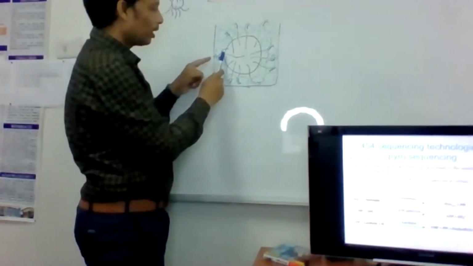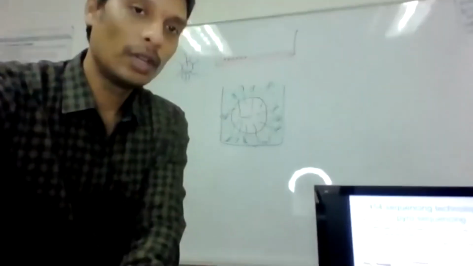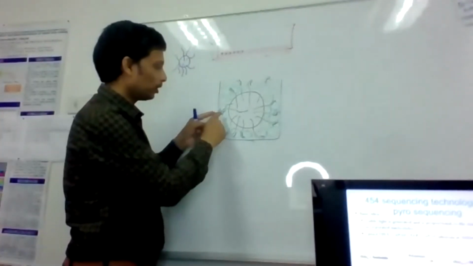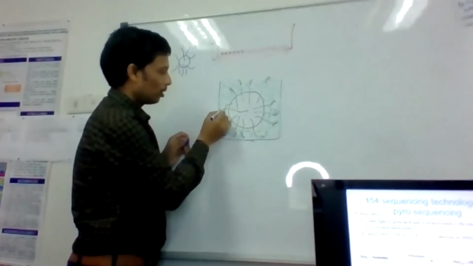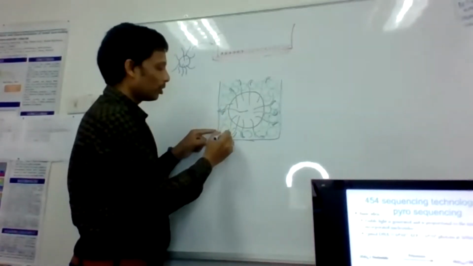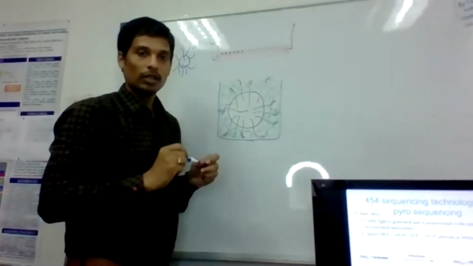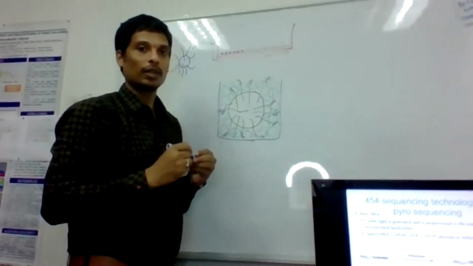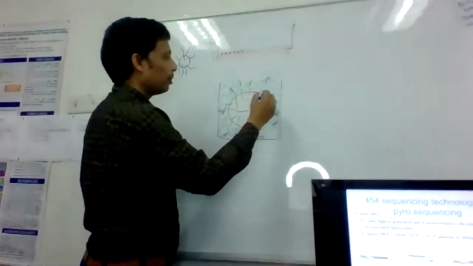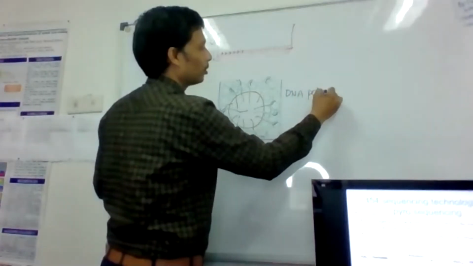Because you will have another adapter here, so you just need to add the complementary sequence to the other end. It will bind to the DNA at the complementary other end. So you added the primer. After adding it, you add DNA polymerase, which is carried on these beads.